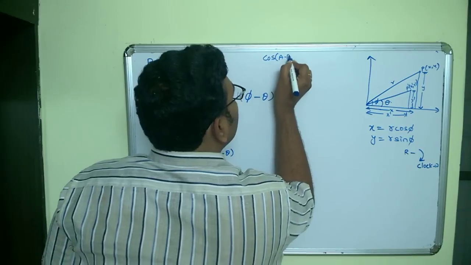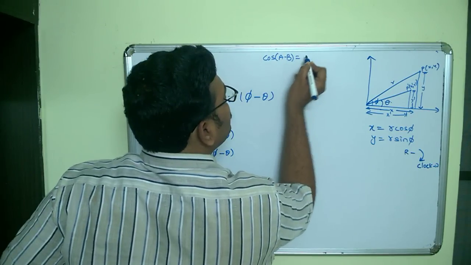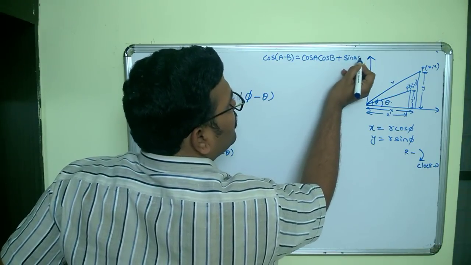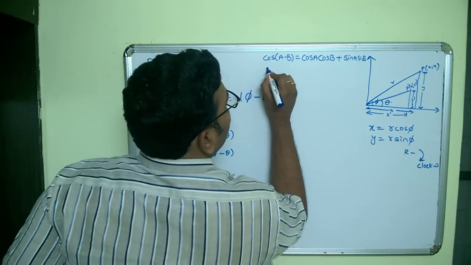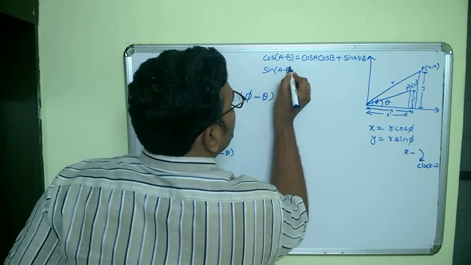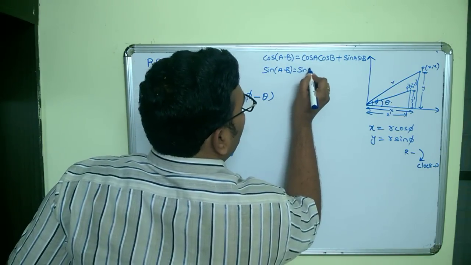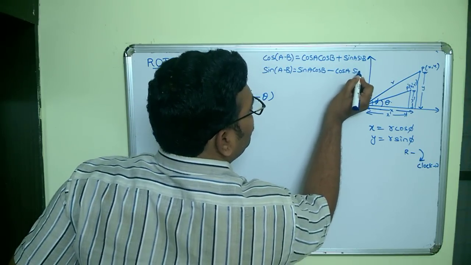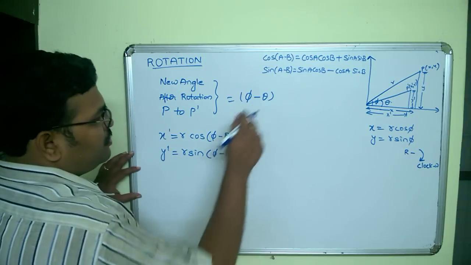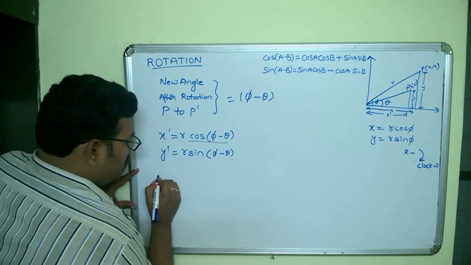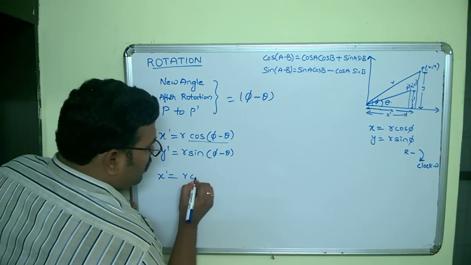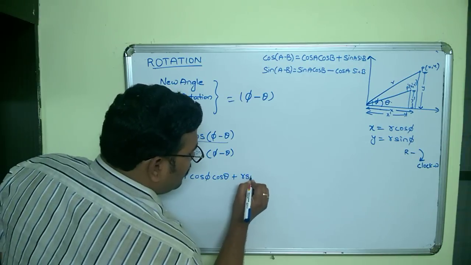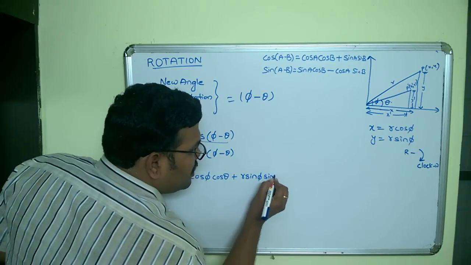Cos(a minus b) is equal to cos a cos b plus sin a sin b. Similarly, sin(a minus b) is equal to sin a cos b minus cos a sin b. So let us expand cos(a minus b): x' is equal to r cos phi cos theta plus r sin phi sin theta.